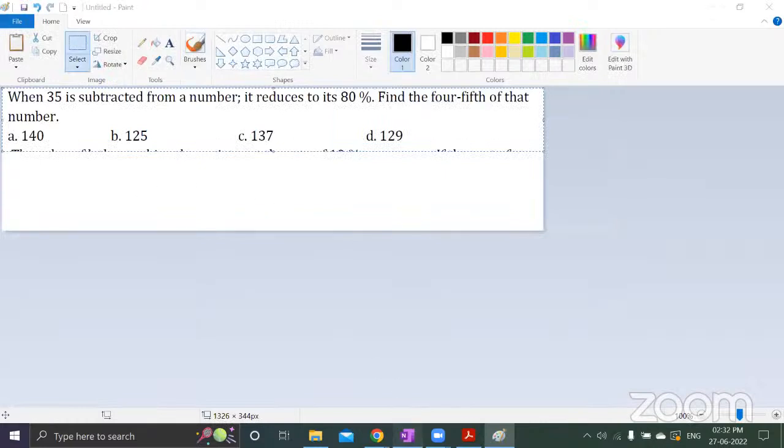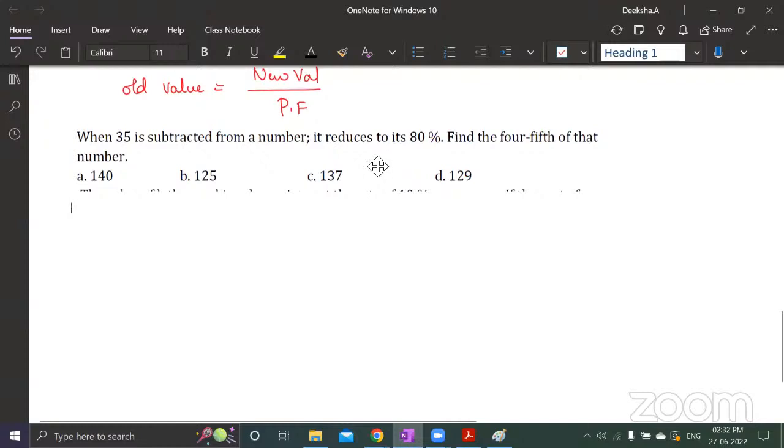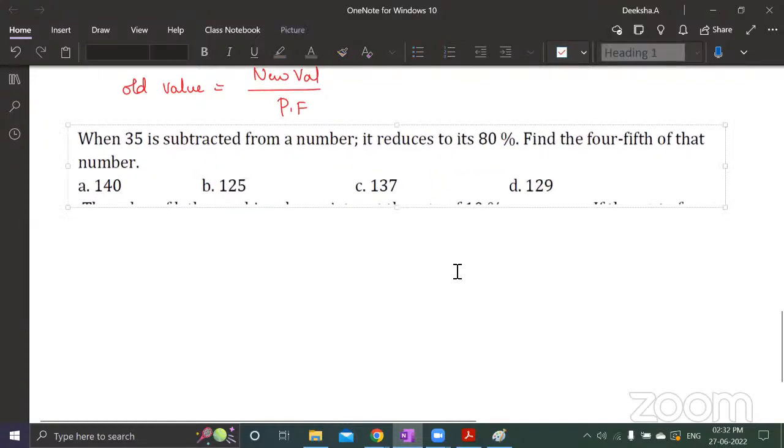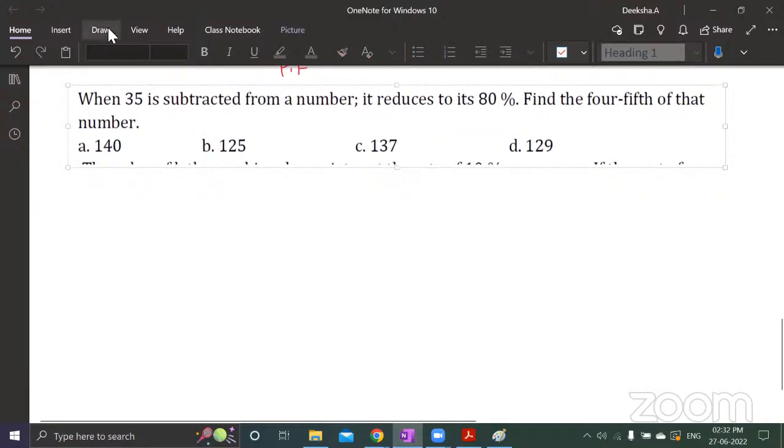Right. For tomorrow's class, I'll readily copy it and keep it.